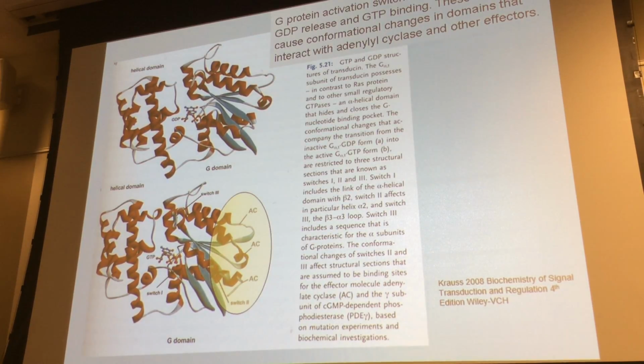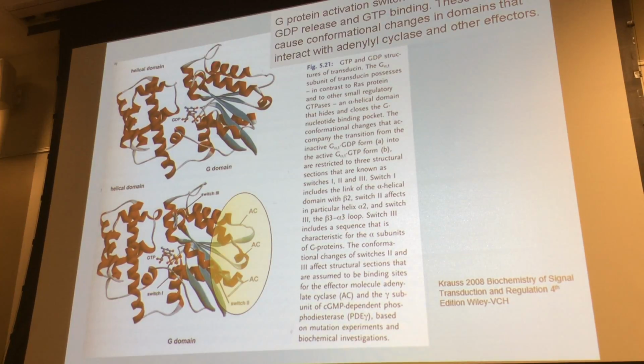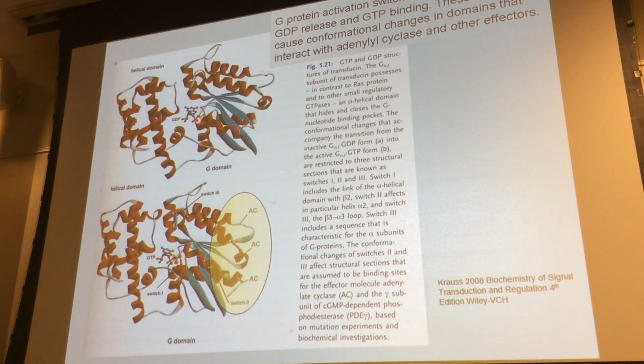It's the G alpha subunit. And so it's binding its little GDP right in here. What is this half of it called? The GDP binding site, yes. And over here, this other half is called the helical domain because it has some helices in it.